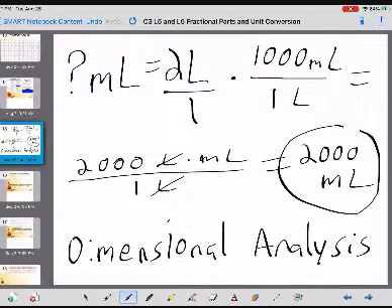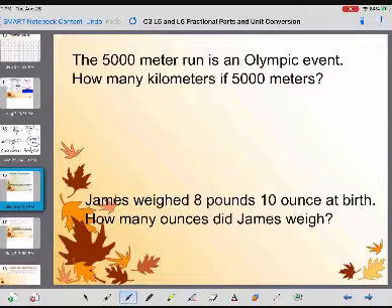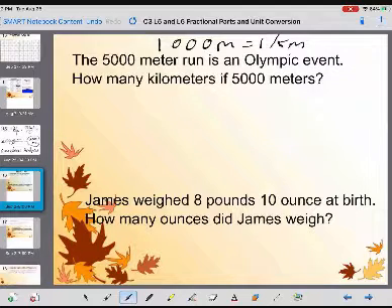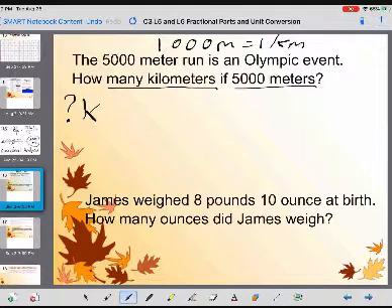So the information is not provided, but we know that there are going to be 1,000 meters in 1 kilometer. All right, so it's asking how many kilometers are in 5,000 meters. So again, dimensional analysis, I do question mark, what am I looking for? Looking for kilometers. And then what are we given? 5,000 meters.